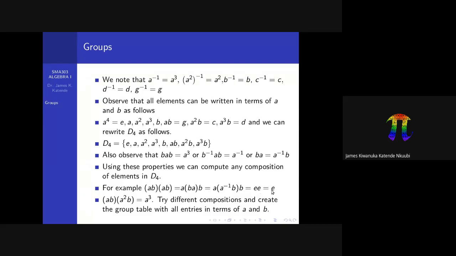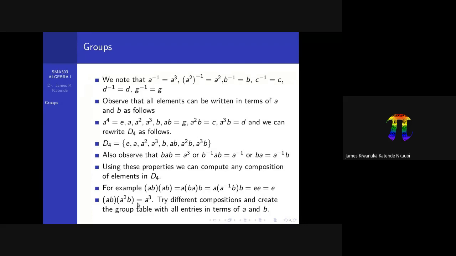The identity multiplied by itself gives the identity. So the product of these two simply gives me the identity. In your own time, you can also double check that if you pick AB and multiply it by A squared B, you will get A cubed.